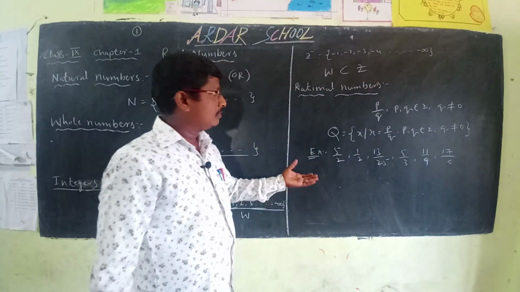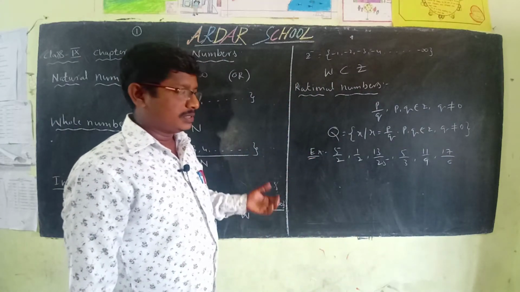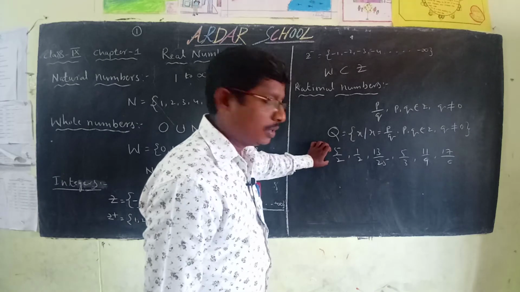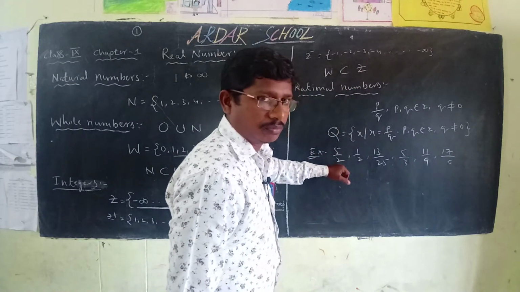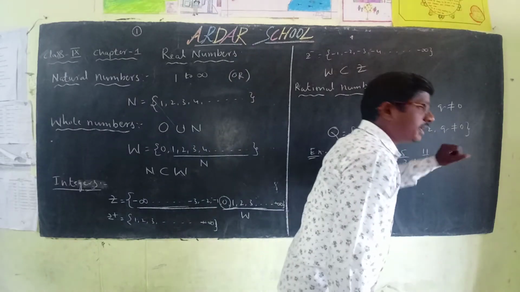These are rational numbers because these are in the form of p by q, where p, q belong to Z and q is not equal to 0.